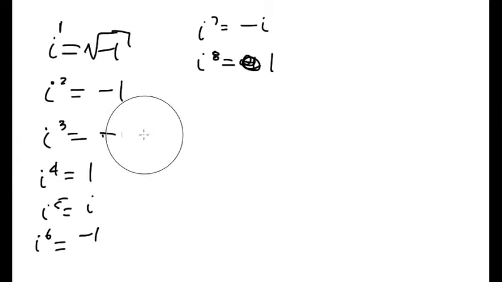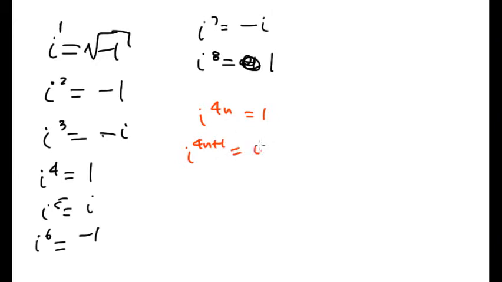So we can come up with a rule here. For any i to the 4n, it's going to equal 1. If n is equal to 1, i to the fourth is 1, and so on and so forth. i to the 4n plus 1 is equal to i.